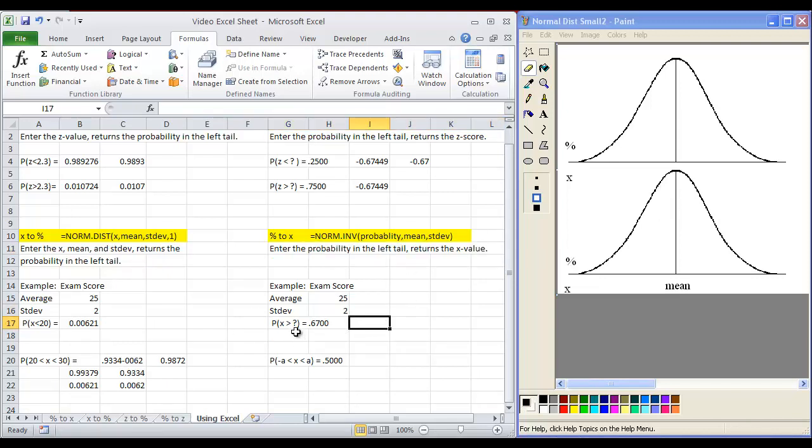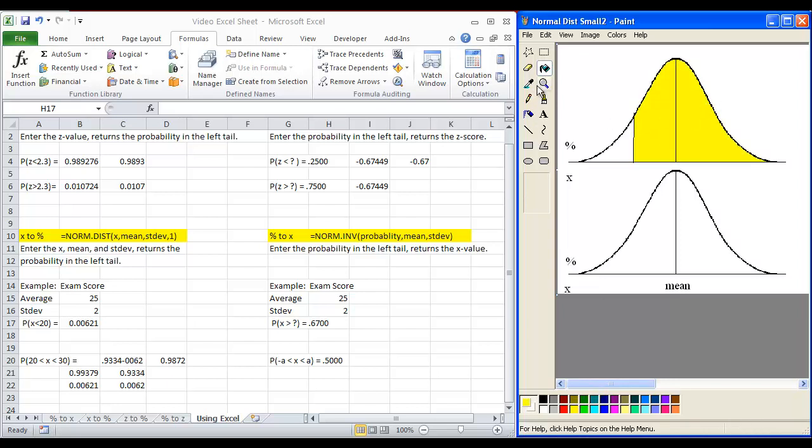So the probability that x is greater than some number is 67%. So we could read that backwards. 67% of the values are going to be more than some x value. Well, once again, we know that 50% is on each side, so if 67% are going to be more than, we're going to find ourselves over here.